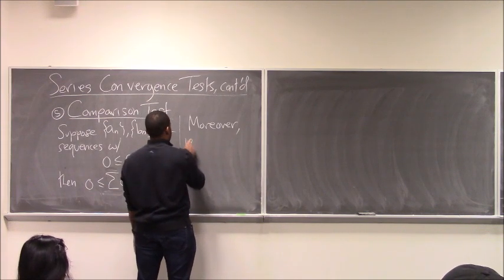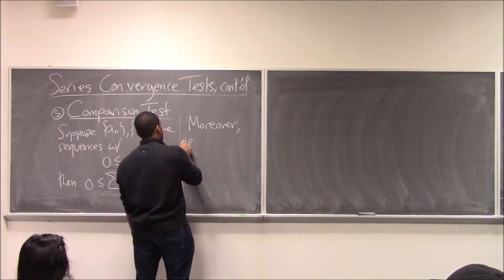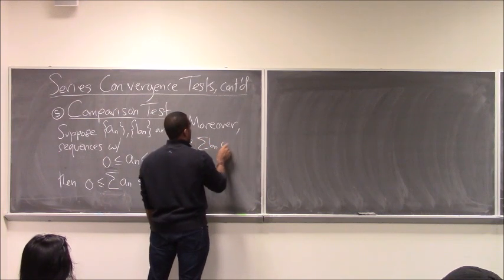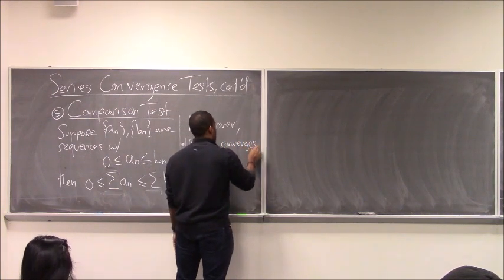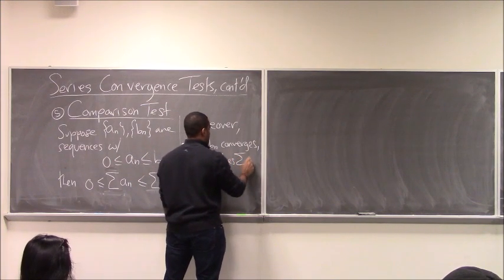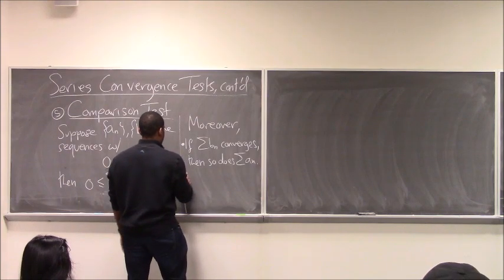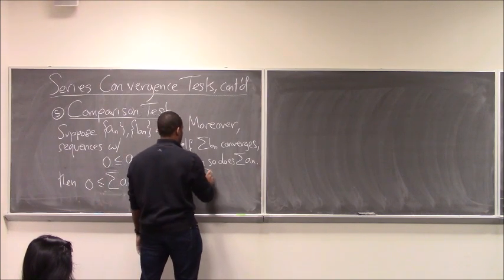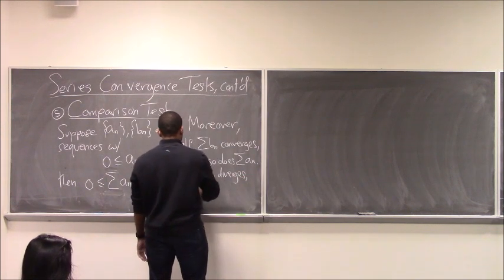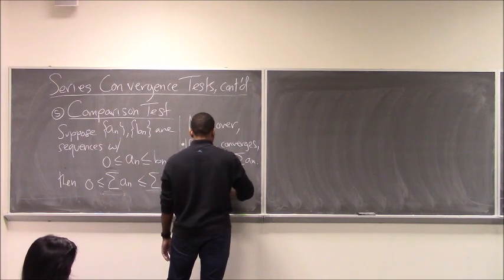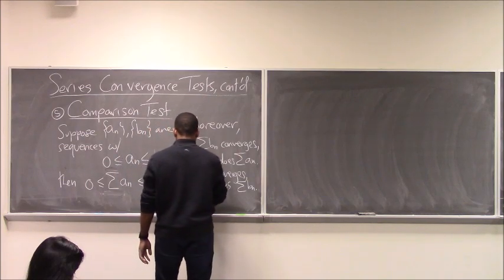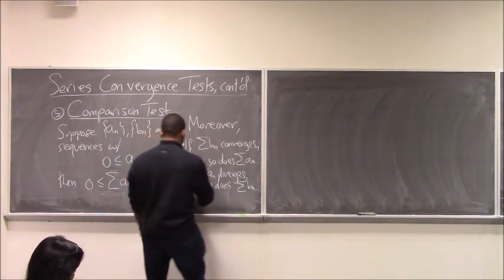Moreover, if there are two situations, well, technically 3 if you count them off, if the series of Bn converges, then so does An. Secondly, if the series of An diverges, then so does Bn. And this test gives you no info otherwise.